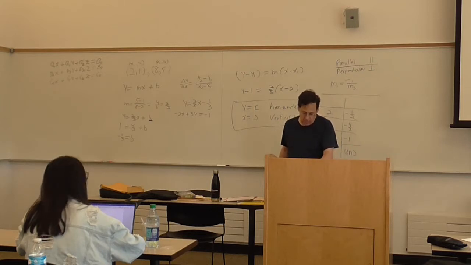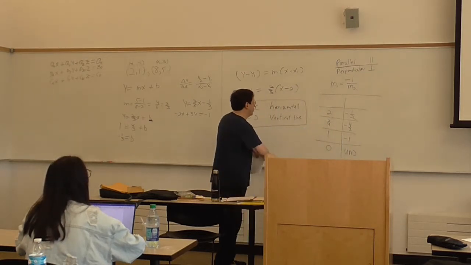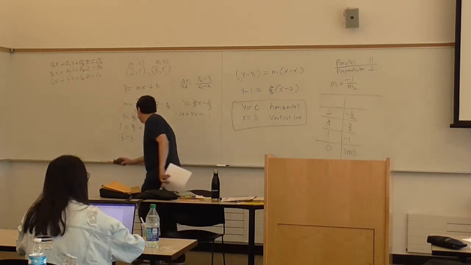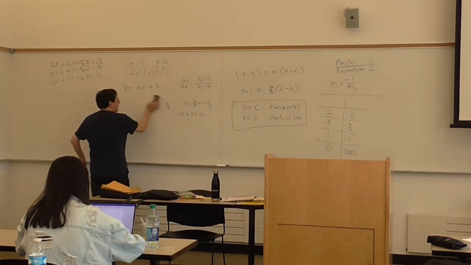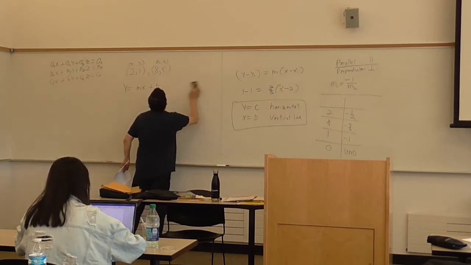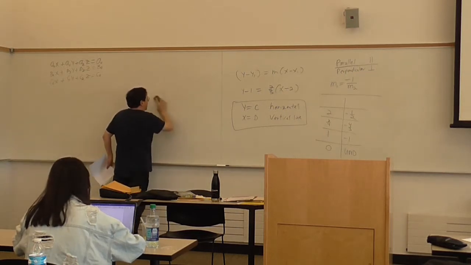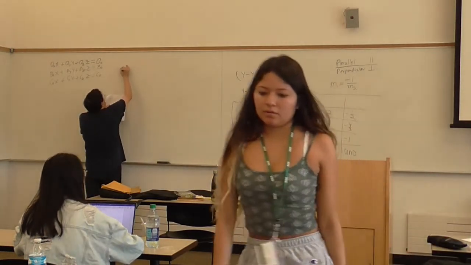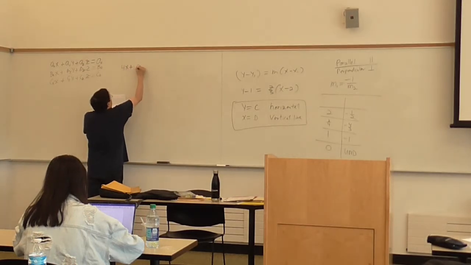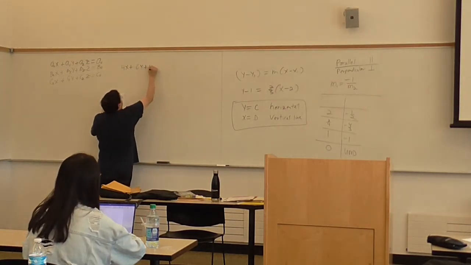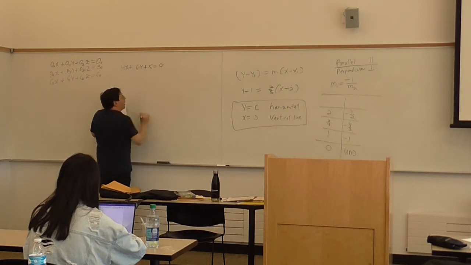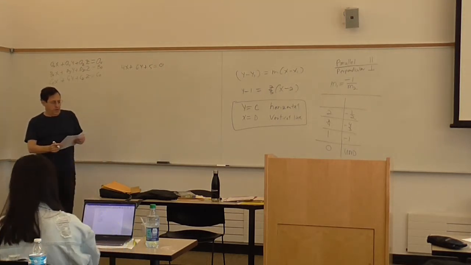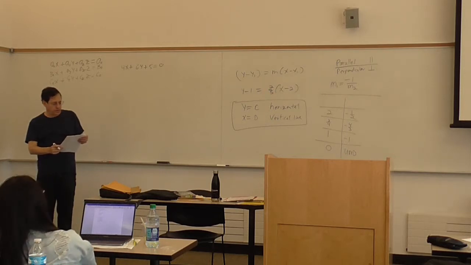Okay, well, surely we have a problem related to this. So here would be a typical problem. I start with the equation 4x plus 6y plus 5 equals 0. And I want to know the equation of a line.